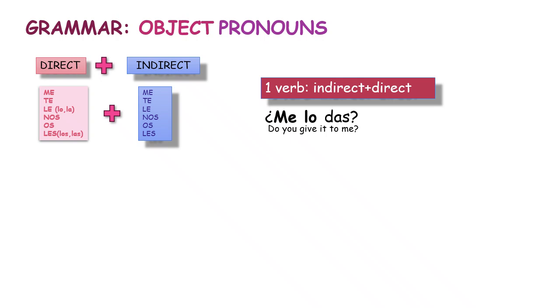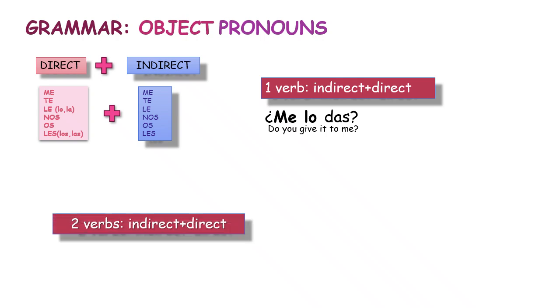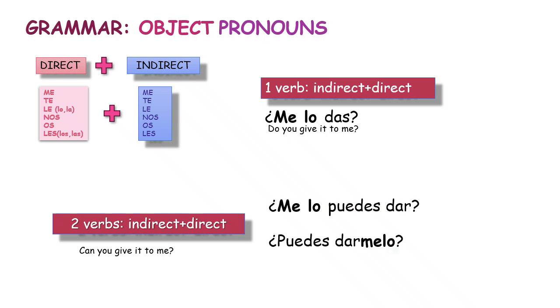"Me lo das." And when we have two verbs, both pronouns appear before or after the two verbs, but the order stays the same. For example, can you give it to me? It would be "me lo puedes dar", or "puedes dármelo".